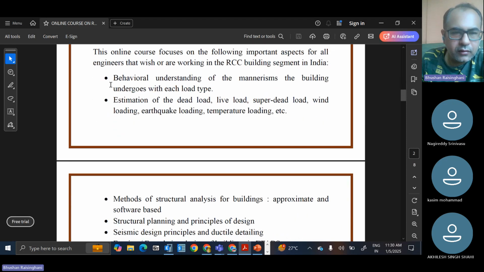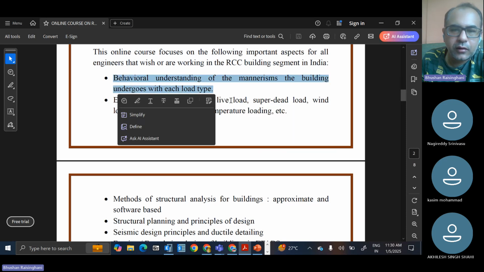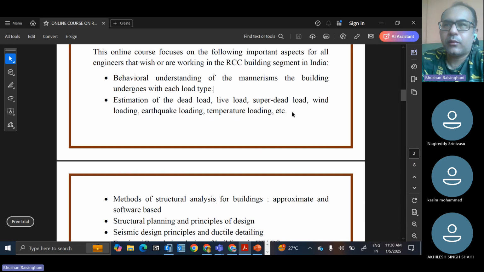So the first thing is behavioral understanding, like the mannerism in which each load asks the building to behave. That is very critical, in which stiffness, constraints, and releases are all very critical parameters to evaluate the behavior. So you are evaluating the behavior, but you are not using the right parameters to evaluate it.